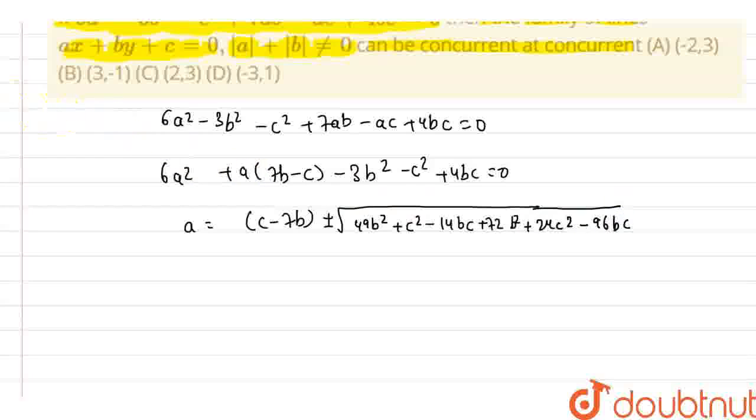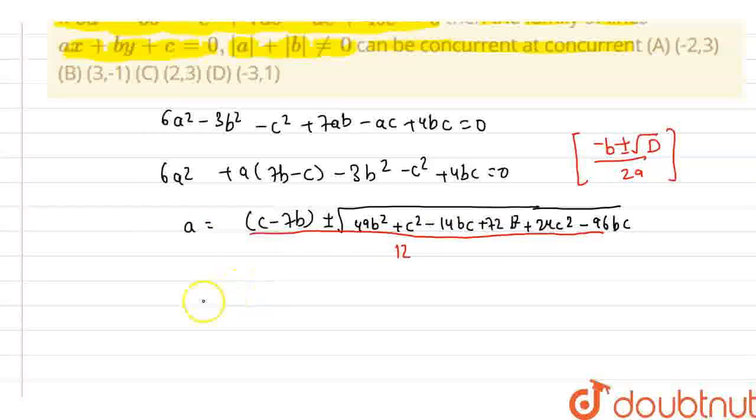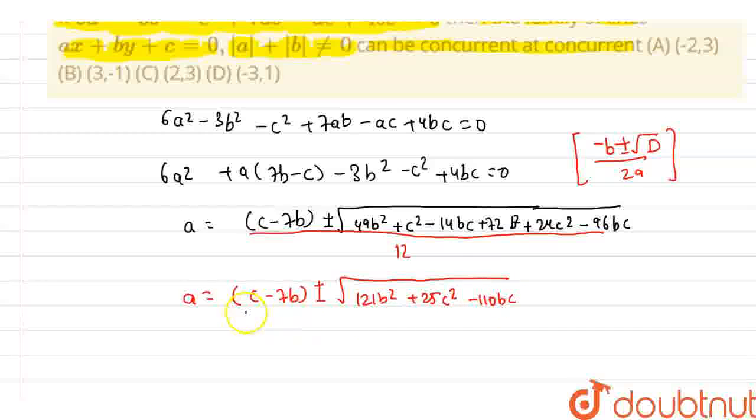Now let's write this formula, minus b plus or minus the square root of d, divided by 2a, and the whole divided by 12. Now let's solve this. It becomes a = (c − 7b ± √(121b² + 25c² − 110bc))/12.